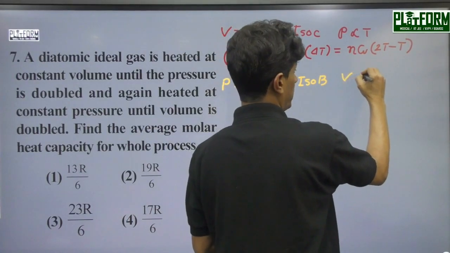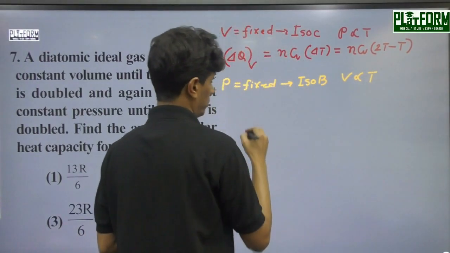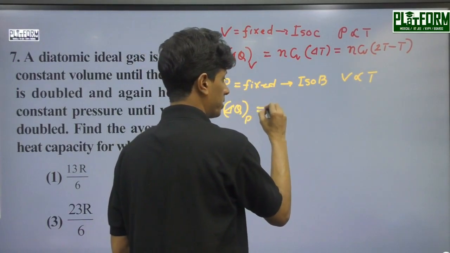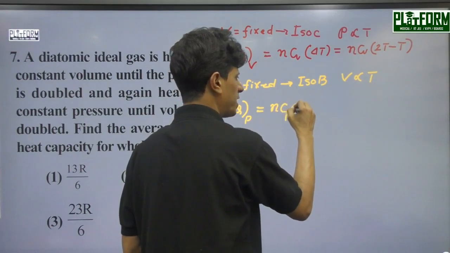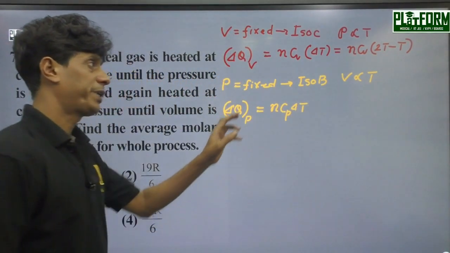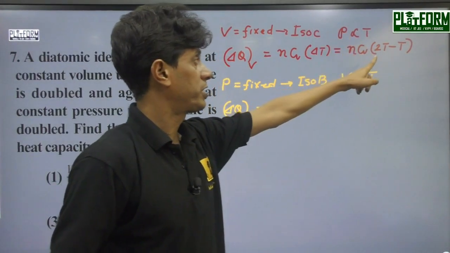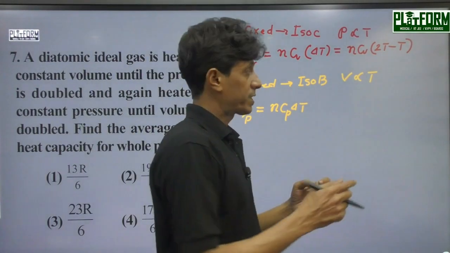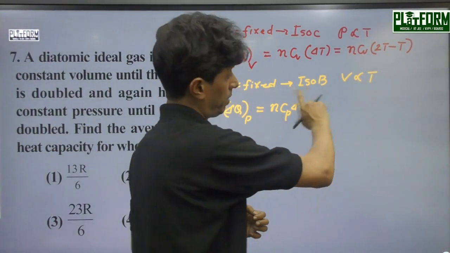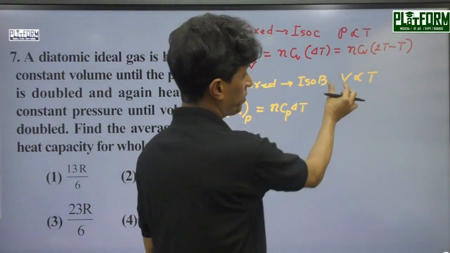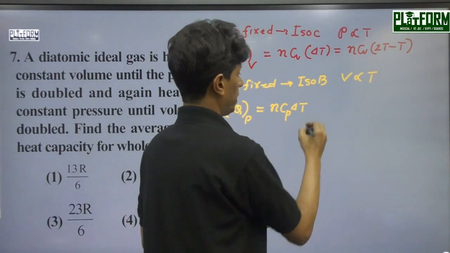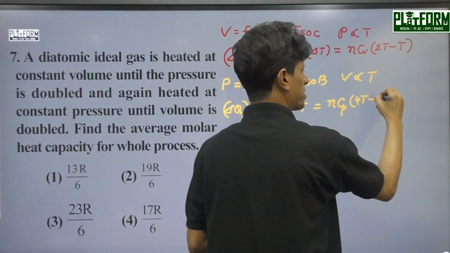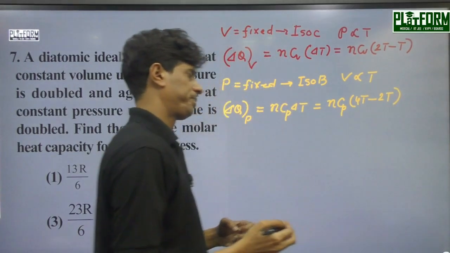Here we can say V versus T. So in this process, the amount of heat supplied to the gas at constant pressure is n Cp delta T. Temperature finally at the end of the isochoric process is 2T, and again the volume becomes double. So obviously by linear relation, if the volume is double, the temperature also becomes double. So n Cp, it is 4T minus 2T. Initially the temperature is 2T.